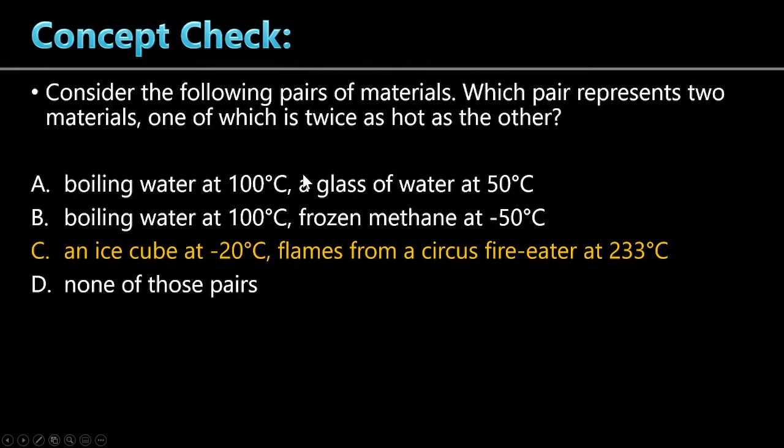Bakit? When we are comparing the hotness or coldness of two objects, para natin masabi na yung isang object ay dalawang beses na mas mainit kumpara doon sa isa, kinakailangang i-express mo ang kanilang temperature in absolute units. So, that is why itong 100 degrees Celsius ay hindi dalawang beses na mas mainit kumpara sa 50 degrees. Kasi yung Celsius ay hindi absolute temperature unit.